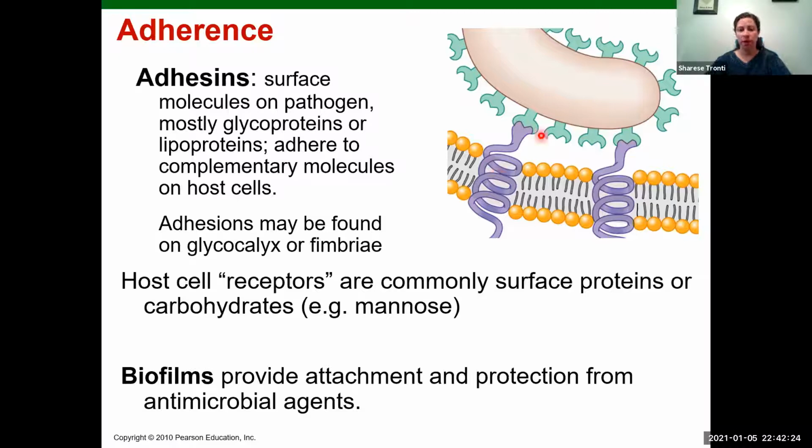And the microbe has evolved to form adhesins that will bind to the receptors of the host cell membrane. Biofilms are another big one that aids in adherence. Remember we talked about biofilms before, and they provide attachment, and they also help to provide protection from antimicrobial agents.